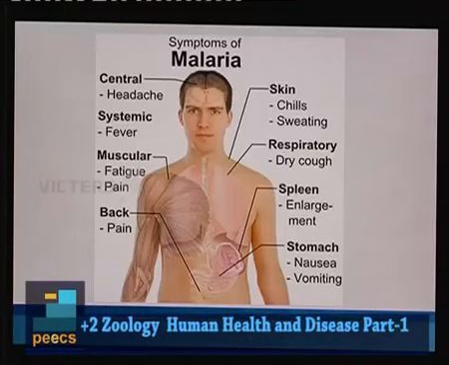So, here in this picture you can see the various body parts affected by the malarial parasite. It is affecting almost all body parts. It is affecting the respiratory system, the muscular system, even the central nervous system.